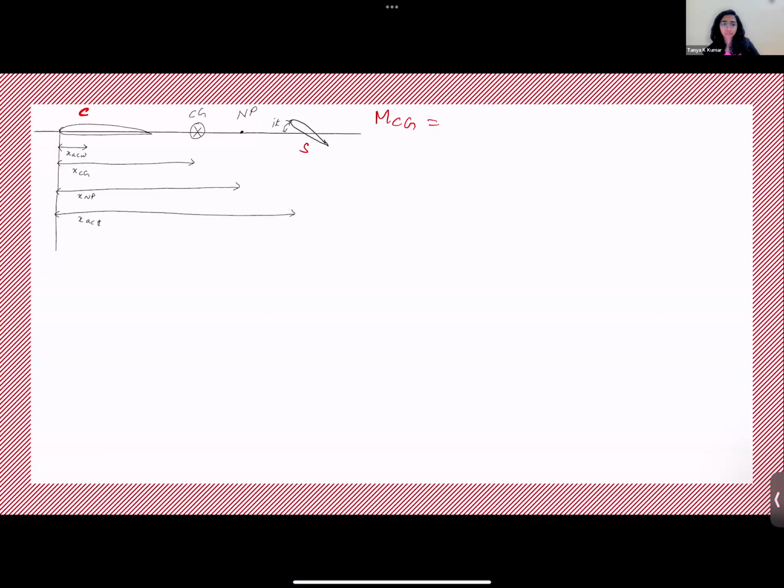So what are those terms? Just take a minute or two and write down this first equation, moment at CG, using the various forces and the moments that you can think of acting on this simple wing tail configuration. Just take a few minutes and write it down and then we'll do the derivation.